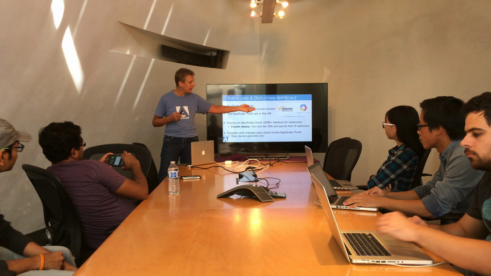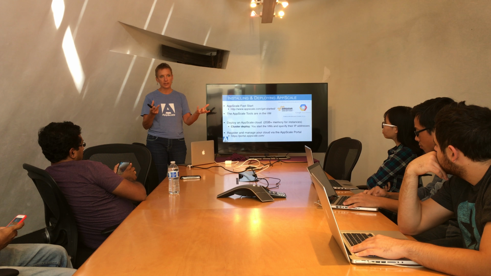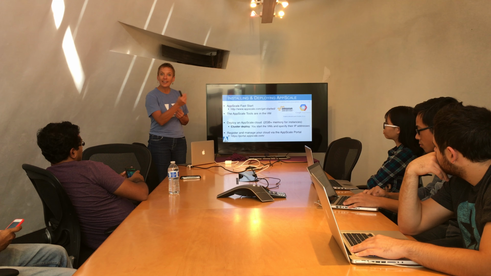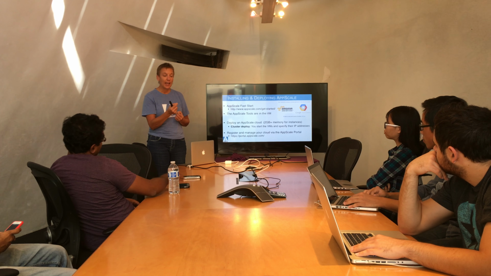And then the way it works is, what you get is a virtual machine with all the software you could ever want in the platform, and then you instantiate it by starting those virtual machines. You then log into one of those virtual machines, and you say to AppScale tools, here are all the instances I started, because we don't know how many you started. It could be one, it could be many.